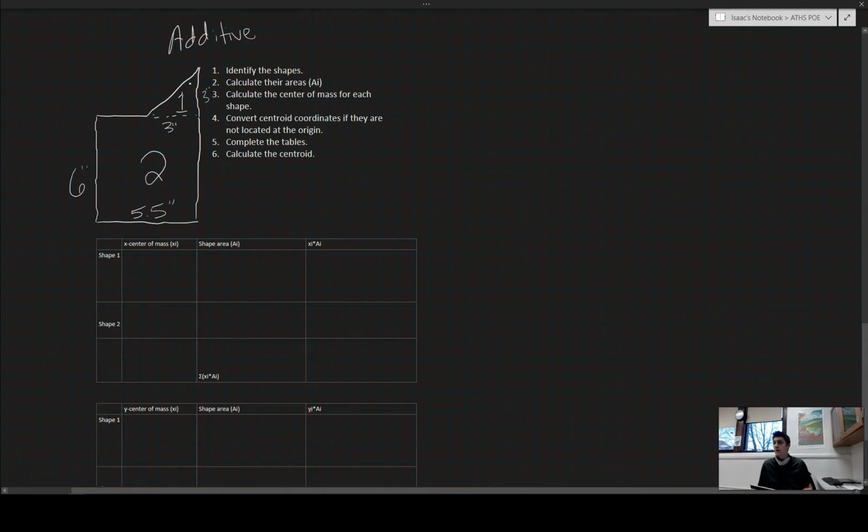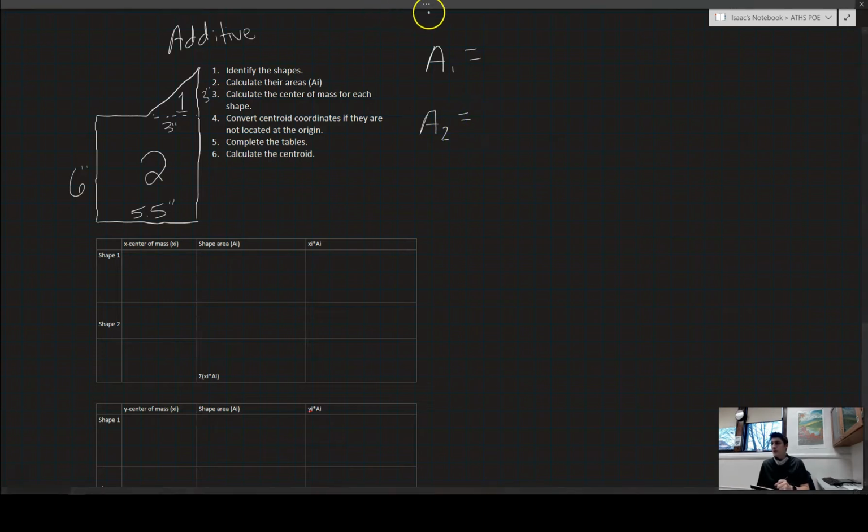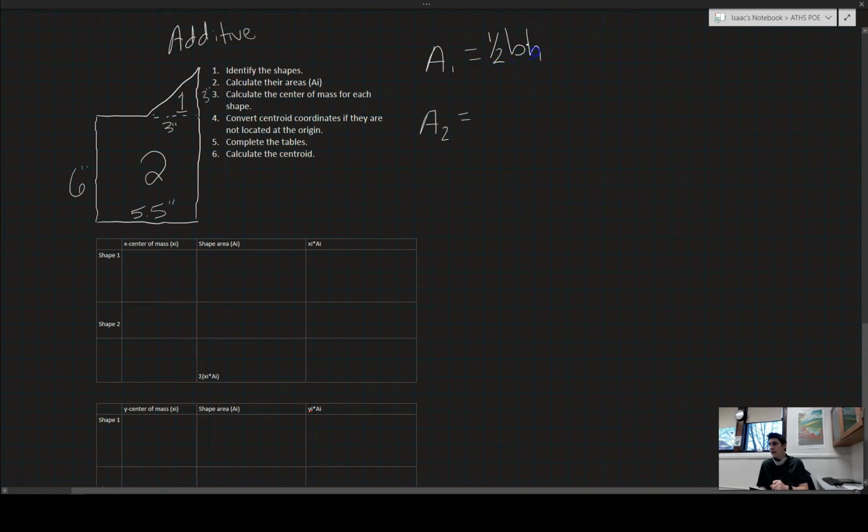Okay, so the next step is to calculate our areas. So I'm going to write A1 and A2. Our first shape is a triangle, and the area of a triangle is 1/2 base times height. The area of a square is base times height. So for our triangle, that's going to be 1/2 of 3 times 3. 3 times 3 is 9.